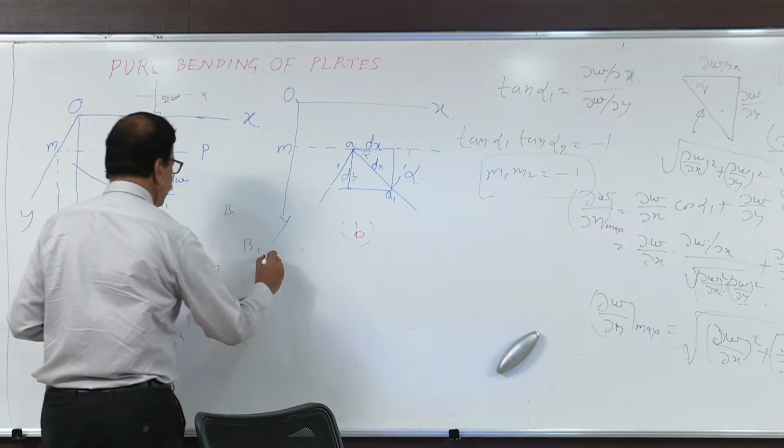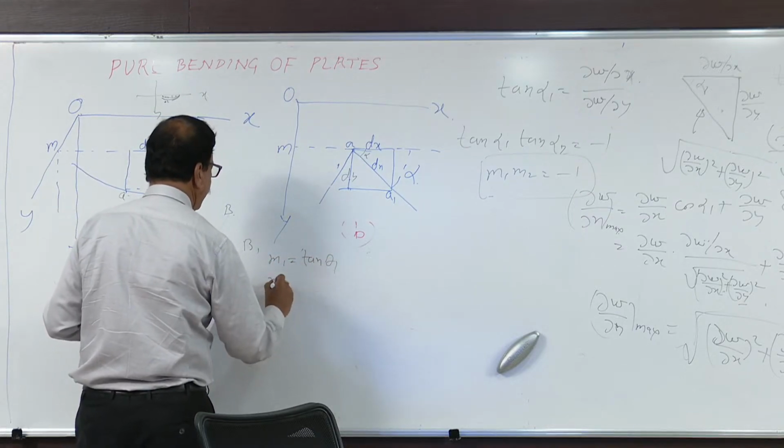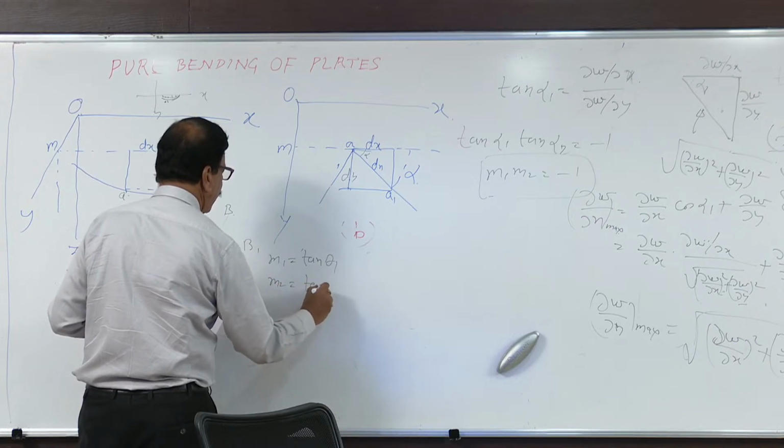M1 is equal to tan theta 1 and M2 is equal to tan theta 2.